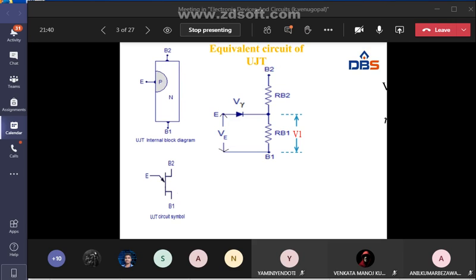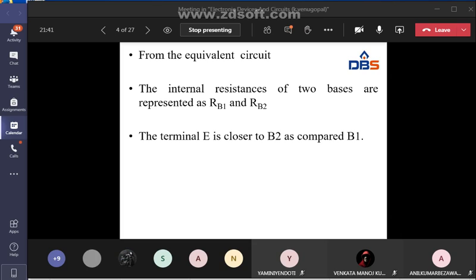From the equivalent circuit, the internal resistances of the 2 bases are represented as RB1 and RB2. The emitter terminal is closer to base 2 as compared to B1.